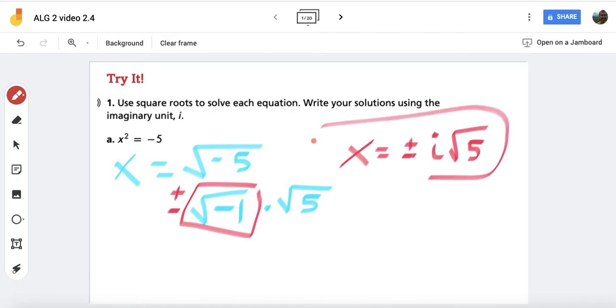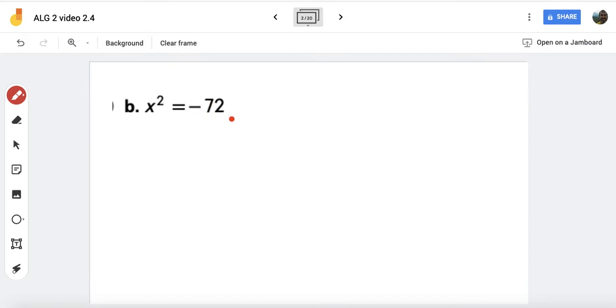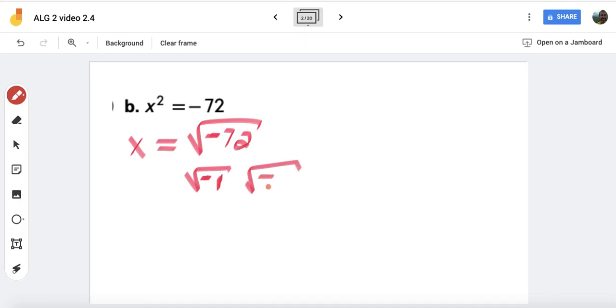Okay, there's that one. The other one they asked us to solve was x squared equals negative 72. When you take the square root, you get x equals the square root of negative 72. That can be broken down into the square root of negative 1 times the square root of 72. And in pure mathematics, the square root of 72 would break down into 36 times 2.